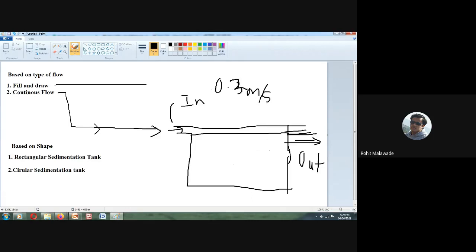If we maintain this particular velocity, 0.3 meter per second, what will happen in the tank? The particles will settle down, since the velocity is very less, by their own weight.